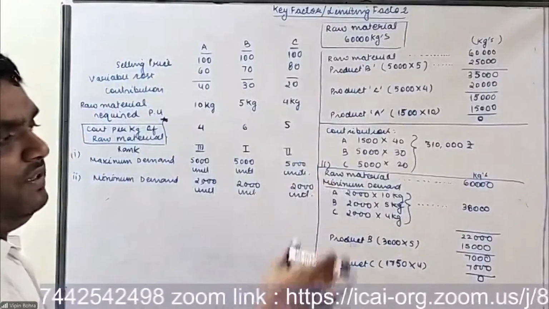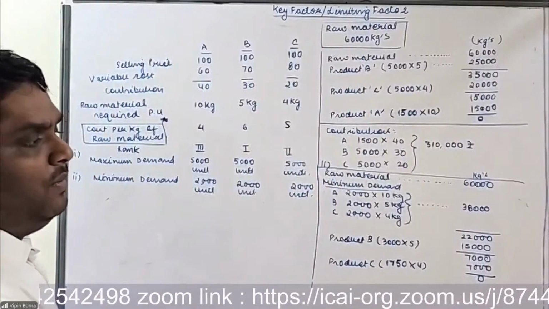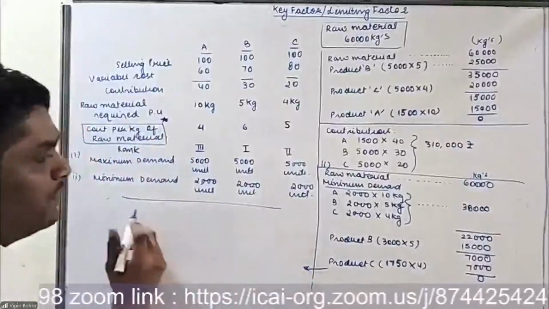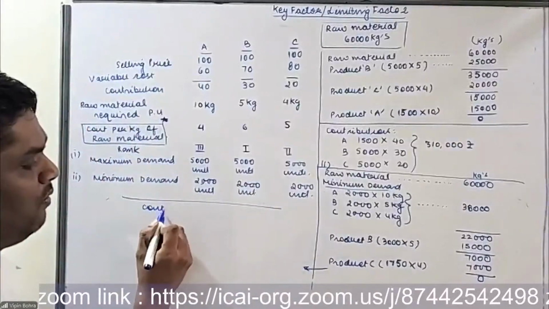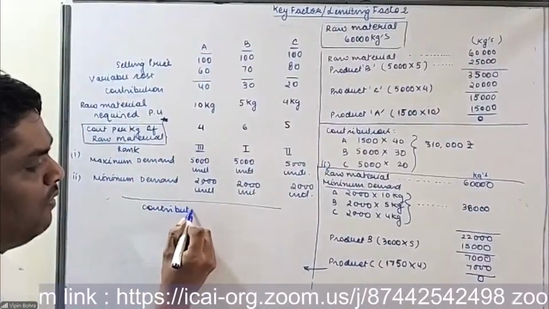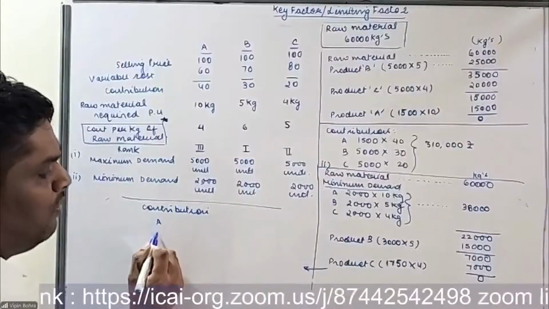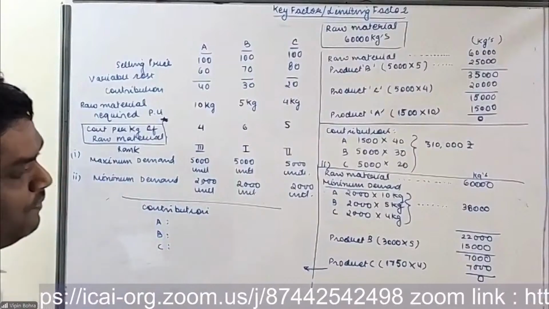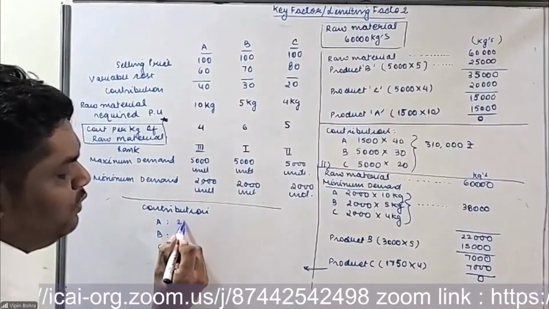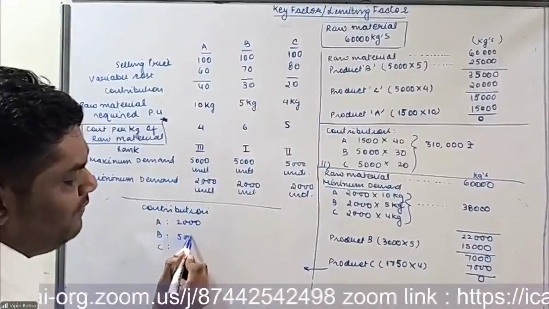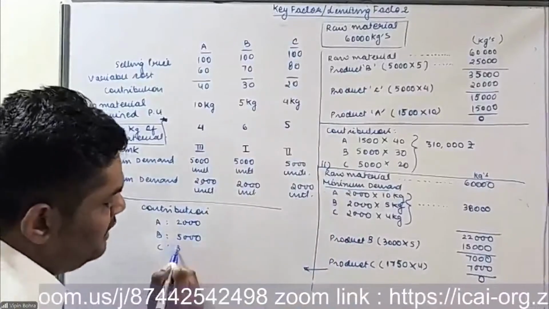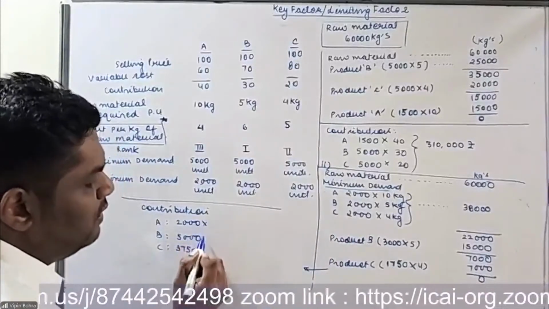So now we are done with the usage of raw material. Now we can calculate the contribution also. So product A, 2000 units were manufactured, B, 5000, and for C, 2000 plus 1750, that is 3750 units.